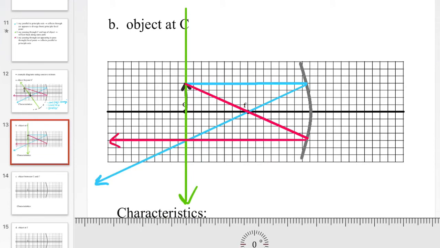Okay, and look at that. We have our 3 light rays converging right here under C as well again.